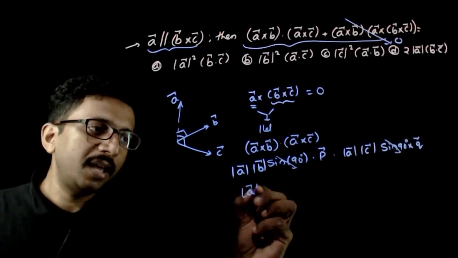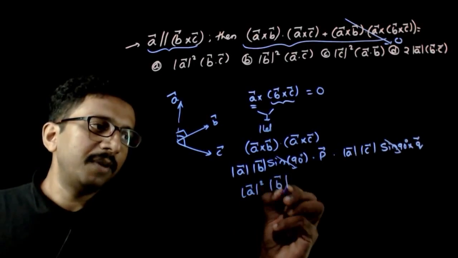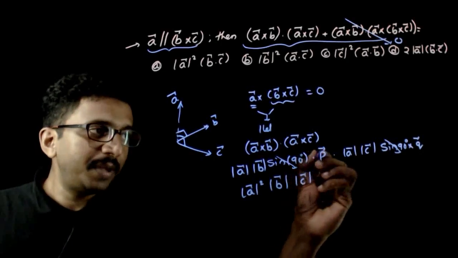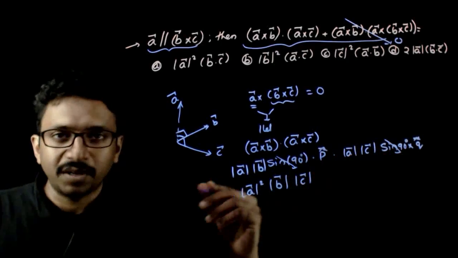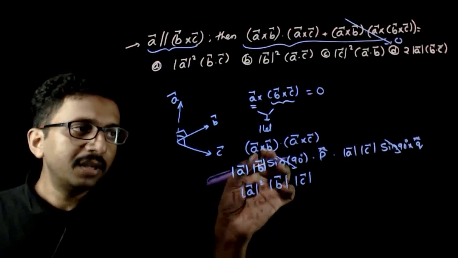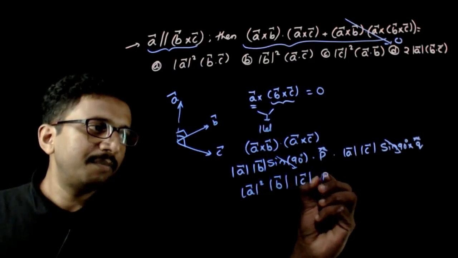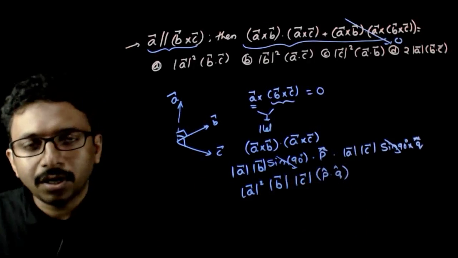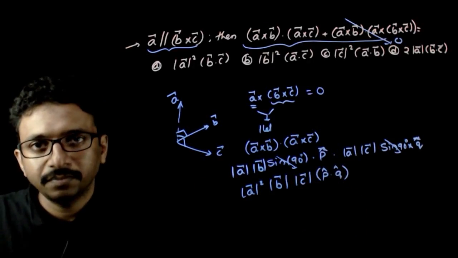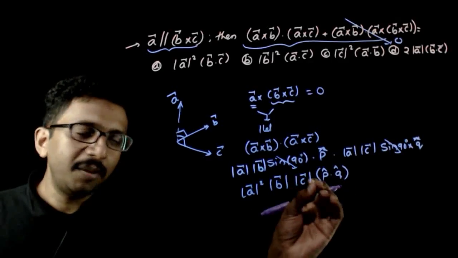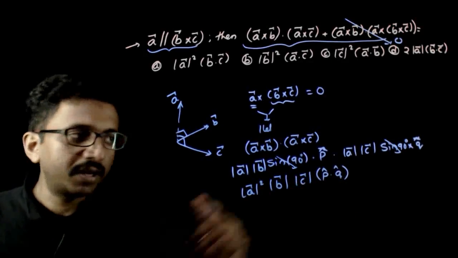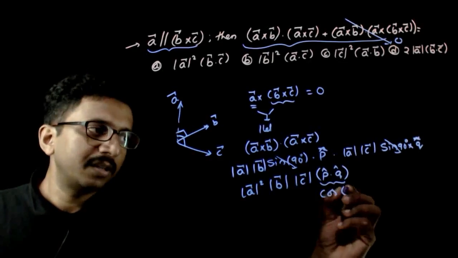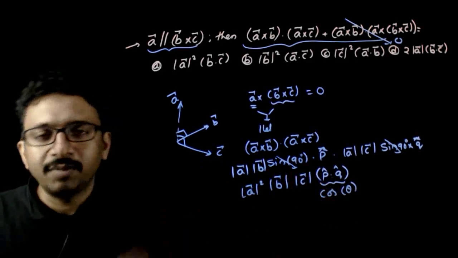So we get mod A whole square into mod B bar into mod C bar into P cap dot Q cap, where P and Q are unit vectors perpendicular to A and B as well as A and C. P cap dot Q cap is nothing but cos of theta, where theta is the angle between P cap and Q cap.